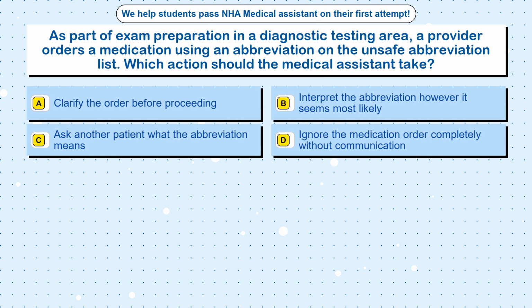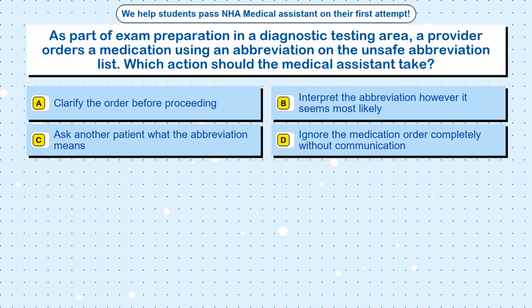Question 69. As part of exam preparation in a diagnostic testing area, a provider orders a medication using an abbreviation on the unsafe abbreviation list. Which action should the medical assistant take? Option A, clarify the order before proceeding. Option B, interpret the abbreviation however it seems most likely. Option C, ask another patient what the abbreviation means.